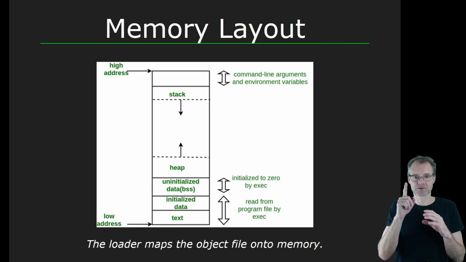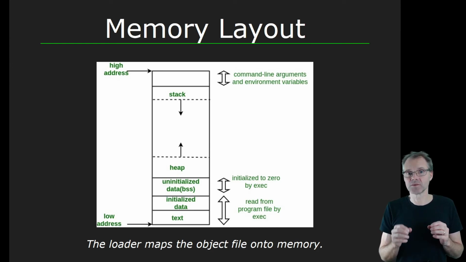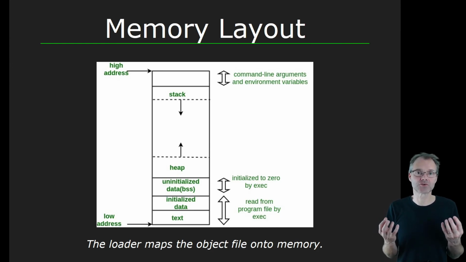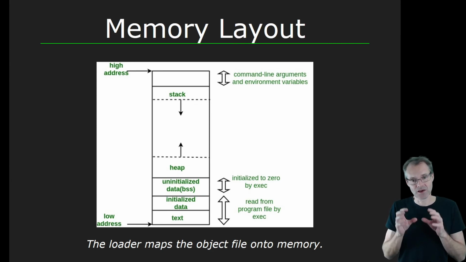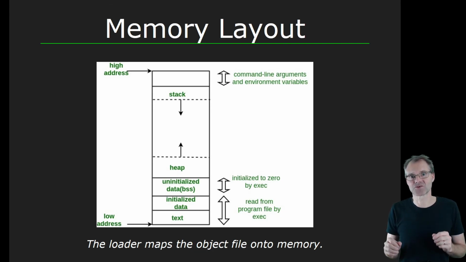The heap grows up, the stack grows downwards, and this is the memory layout. Like we said before, if we generate a core dump of this process, this is the layout that we could expect the core dump file to be structured to.